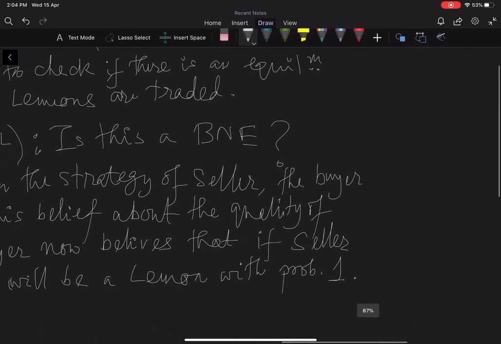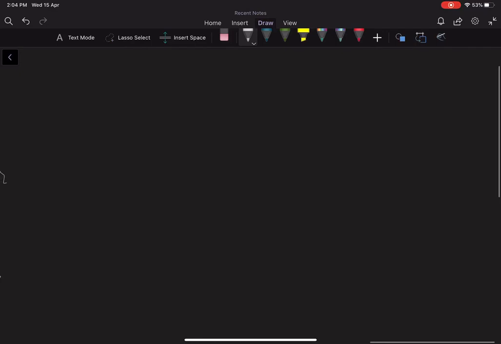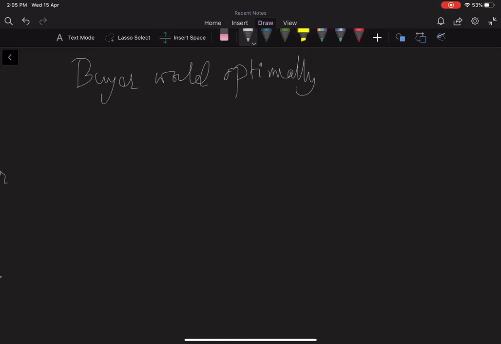So now that the buyer knows that it is a lemon, the buyer is ready to trade. The buyer would optimally choose trade if 1000 minus p is bigger than 0, right?